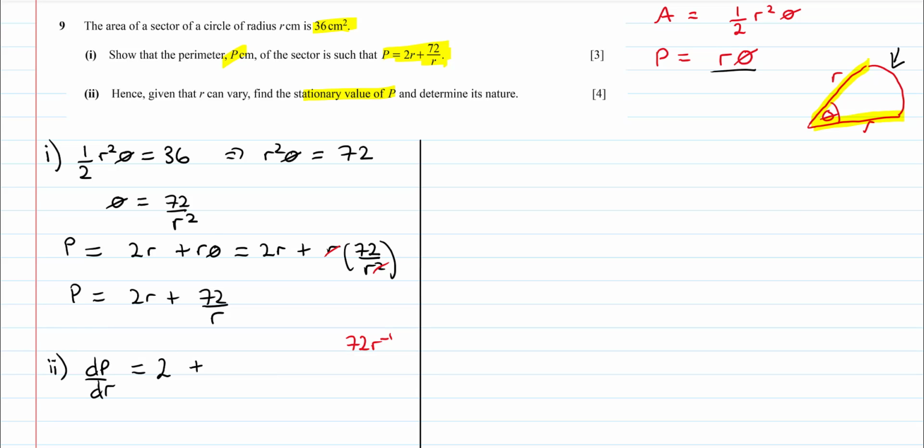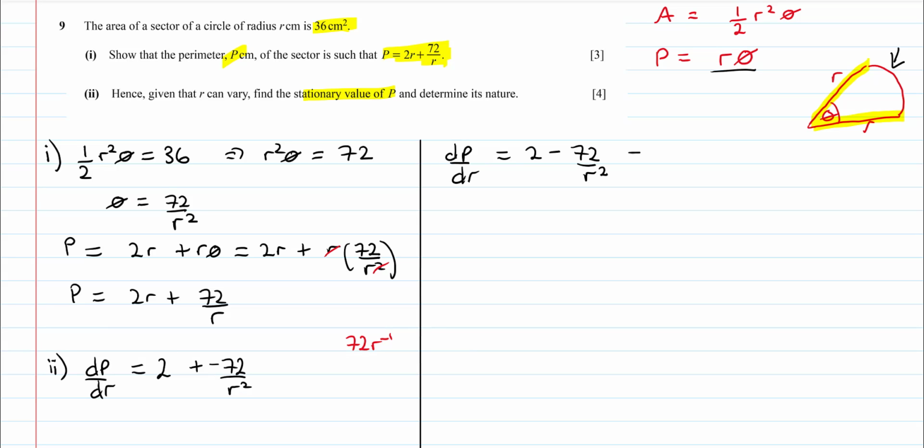So multiplying 72 by minus 1, we're going to get negative 72, and then take 1 off the power, so we're going to get r to the minus 2, so that's the same as 1 over r squared. Okay, so that means we've got dP by dr is equal to 2 minus 72 over r squared.